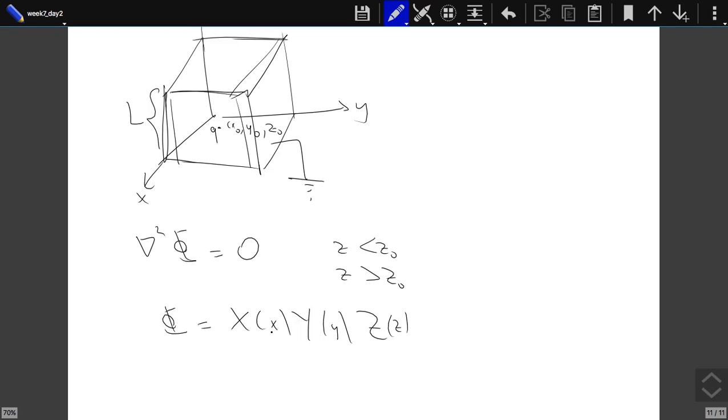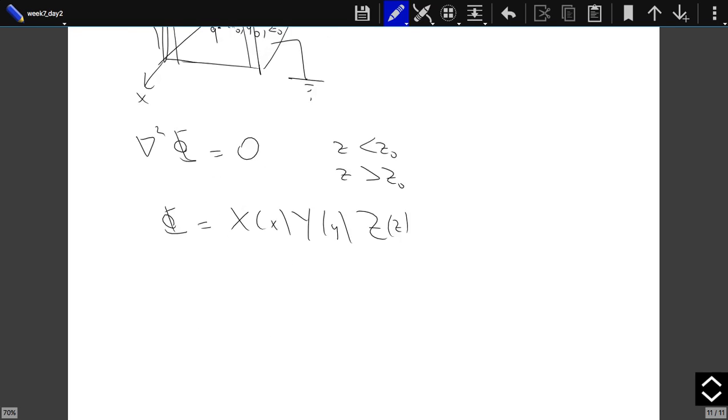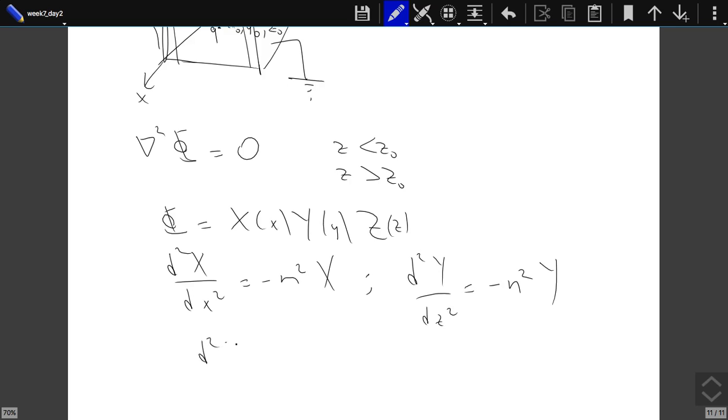So that tells you that d squared X by dx squared should be equal to minus m squared X, d squared Y by dy squared should be equal to minus n squared Y, and d squared Z by dz squared should be equal to m squared plus n squared times Z. Of course, you have to show that these should be the equations in your homework.